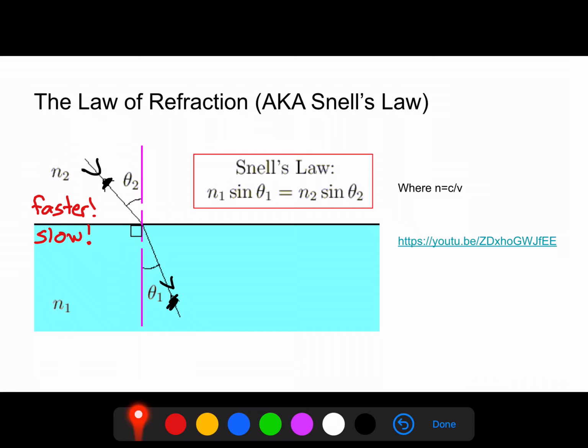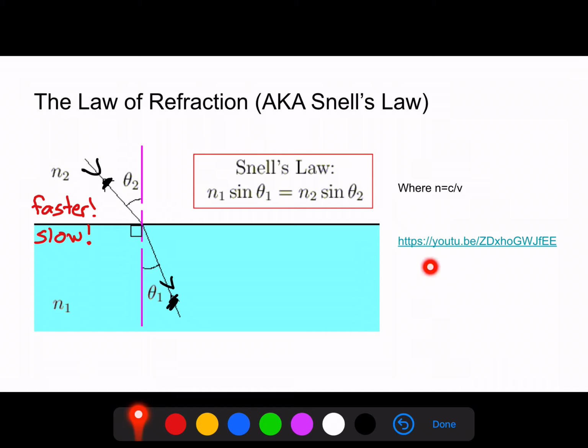And so this angle theta 1, well, the refracted angle, we'll just say, has to become smaller than the incident angle. And so when you're going from a faster substance to a slower substance, for example, from air into water, like we had with the straw in the cup, then the refraction will bend towards the normal.